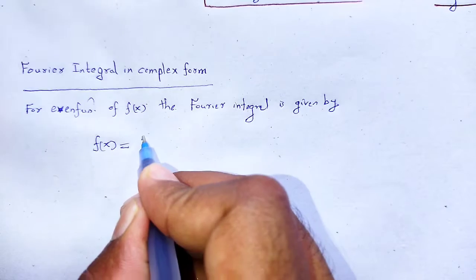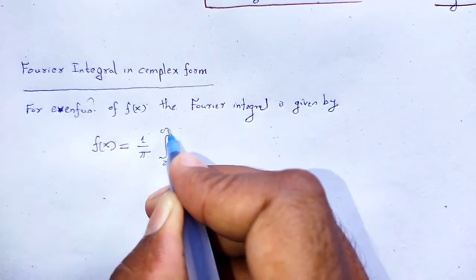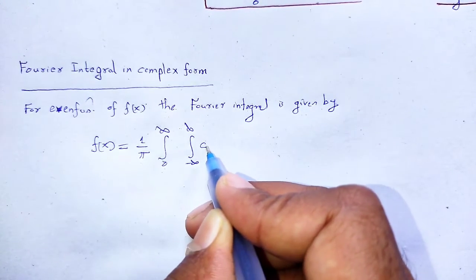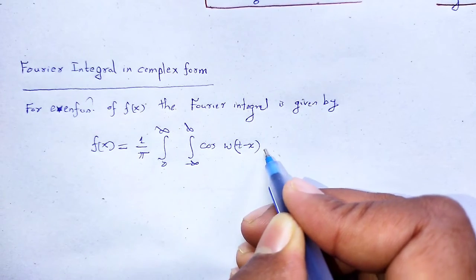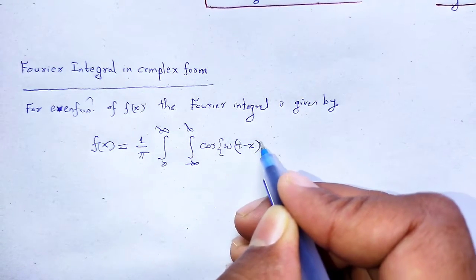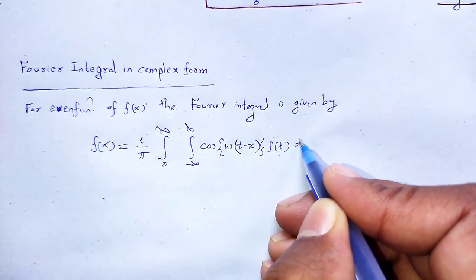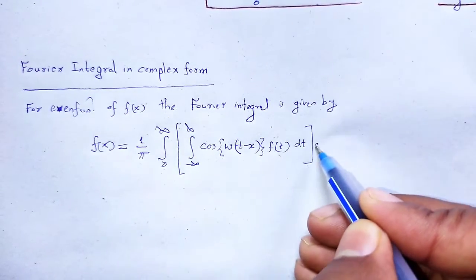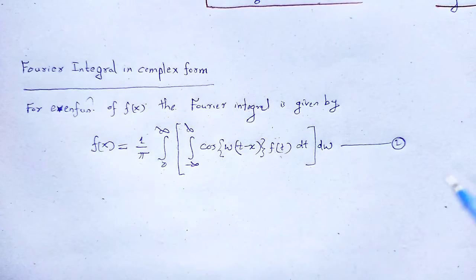So, we have 1 by pi, integral 0 to infinity d omega, and from minus infinity to plus infinity cos omega of t minus x, f of t dt. That is equation number 1.